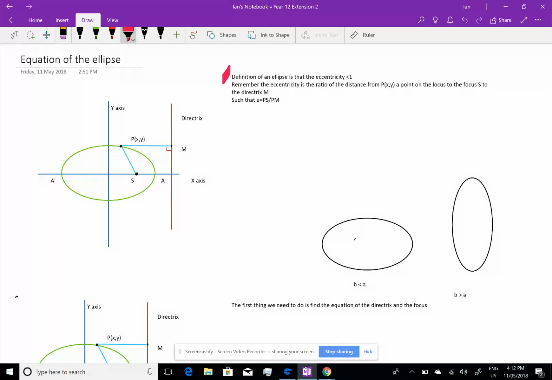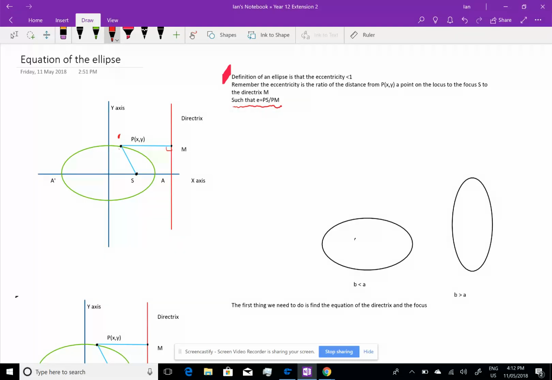So remember our definition of these conics now all are based on eccentricity. And the eccentricity is the distance from a point on whatever conic it is, and in this case it's an ellipse. So any point P, the locus of P, such that PS, which is a focus, the distance to the focus, or a point, a set point, to PM, which is a line, gives us the eccentricity.